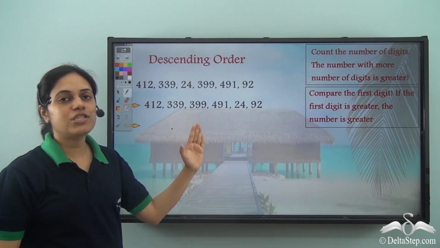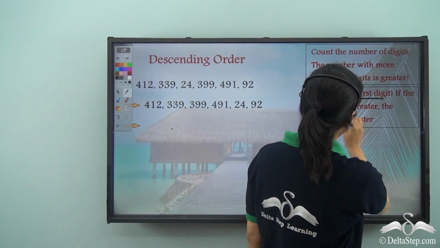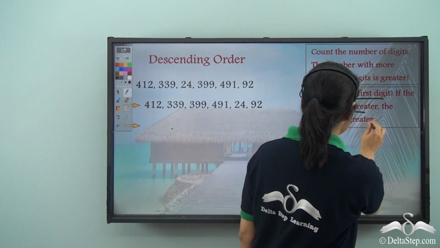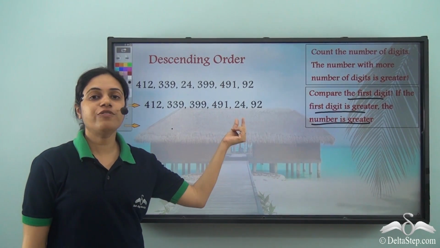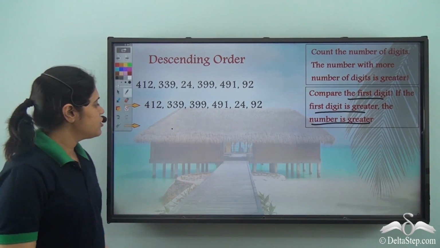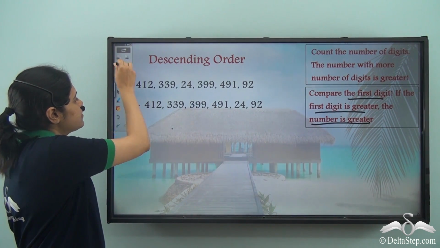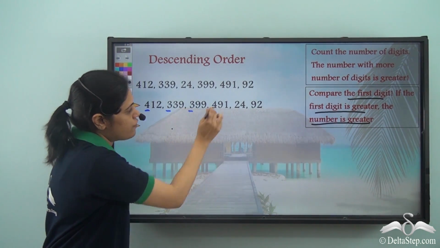So we use the next trick, which is compare the first digit. If the first digit is greater, the number is greater. So when the number of digits are equal, I need to compare the first digits. So let me compare the first digits. I have 4, 3, 3, 4.